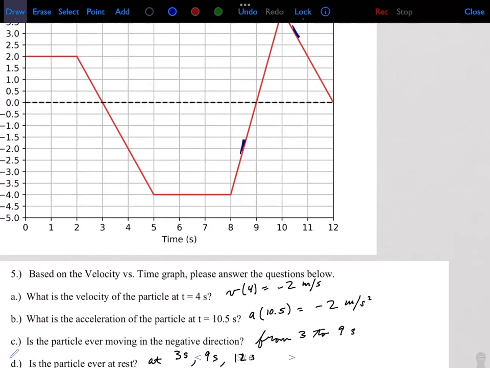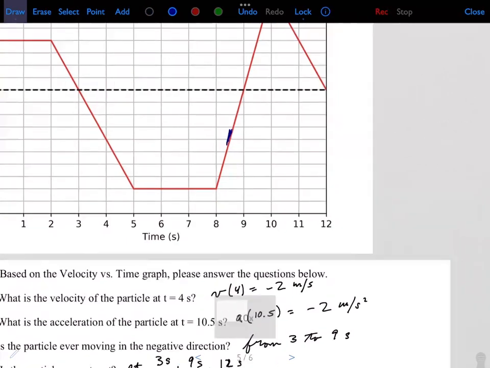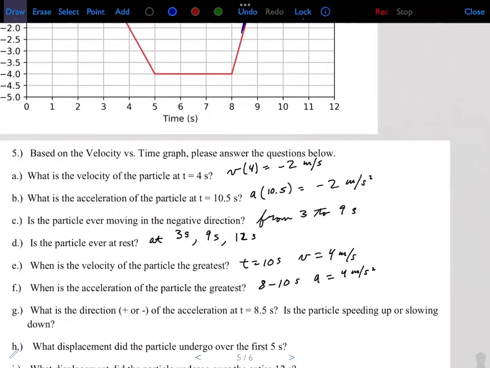So is that slope positive or negative? In this case, the slope is positive. So it's positive. And then is the particle speeding up or slowing down?